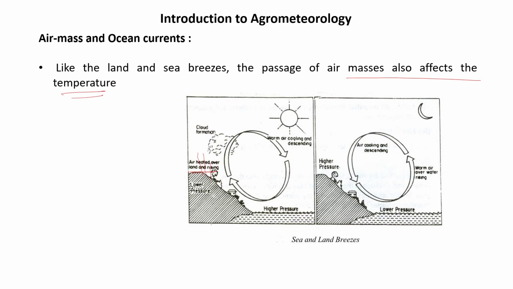The air gets heated and rises, so it creates a low pressure area. And the air above the sea has high pressure, because the sea takes time to get heated. At the land, the air gets heated quickly and rises, creating a low pressure area.